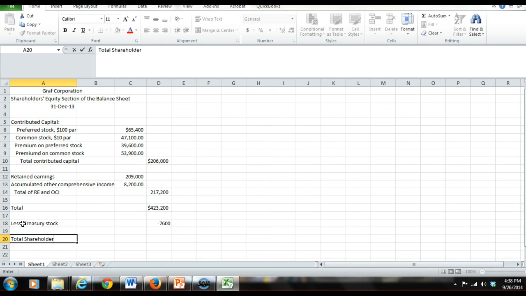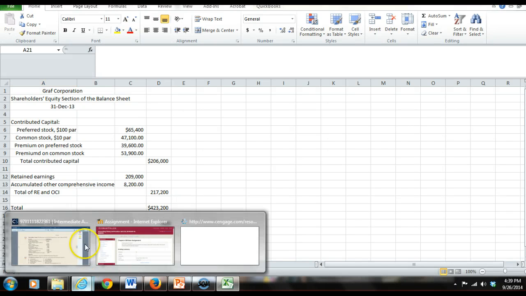So our total shareholders' equity is going to be the combination of our stocks minus our treasury stock, and you'll see here a total of $415,600.